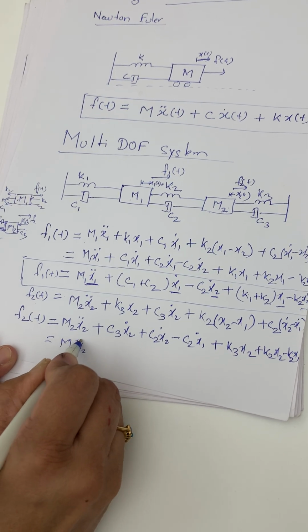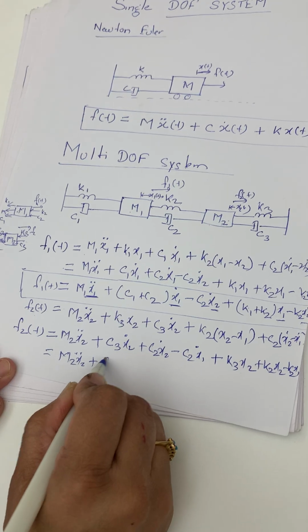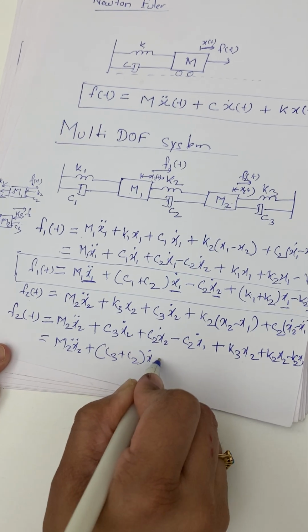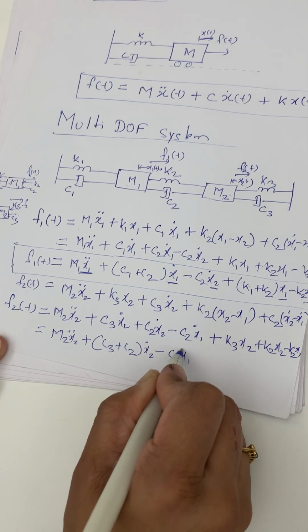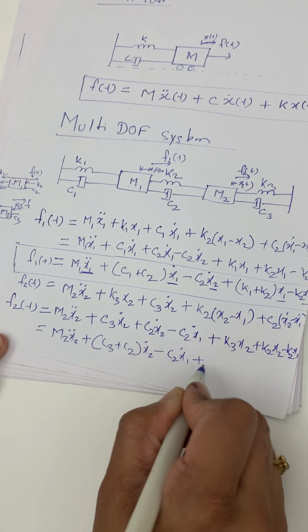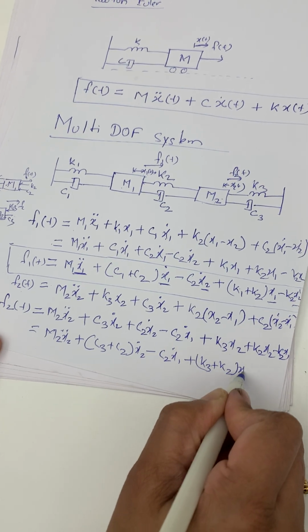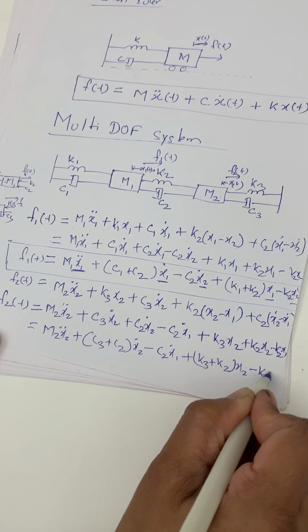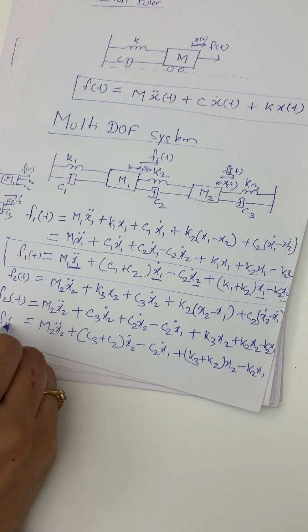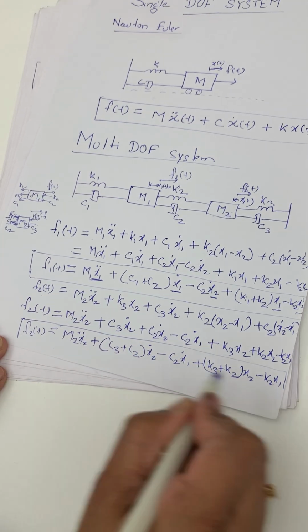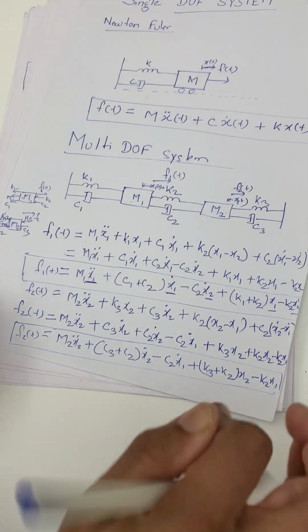That is, M2 x2 double dot plus (C3 plus C2) x2 dot minus C2 x1 dot plus (K3 plus K2) x2 minus K2 x1 equals F2(t). You can write them in a matrix form.